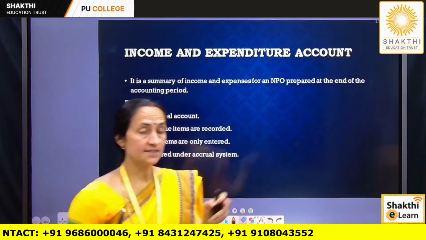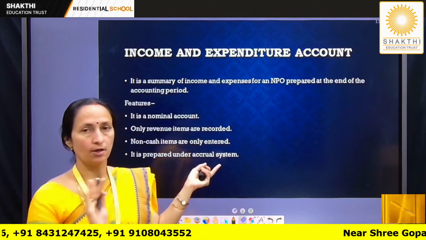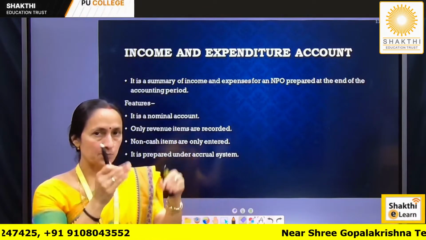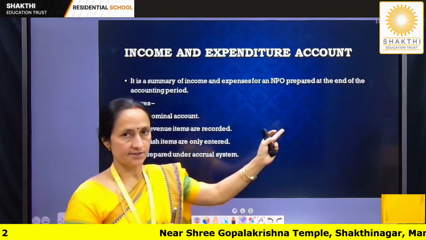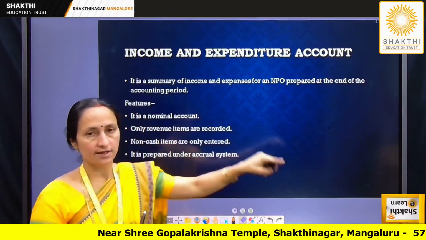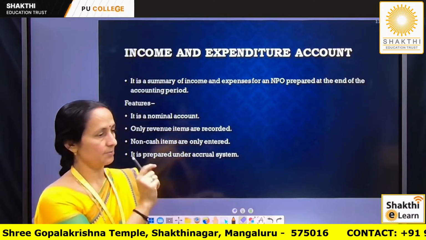So then what is the difference between expenses and income? That is your surplus, not profit. So all the expenses on the debit side, all the incomes on the credit side. Receipt side amount on the credit side, payment side amount on the debit side. Cross, you can remember like that also.